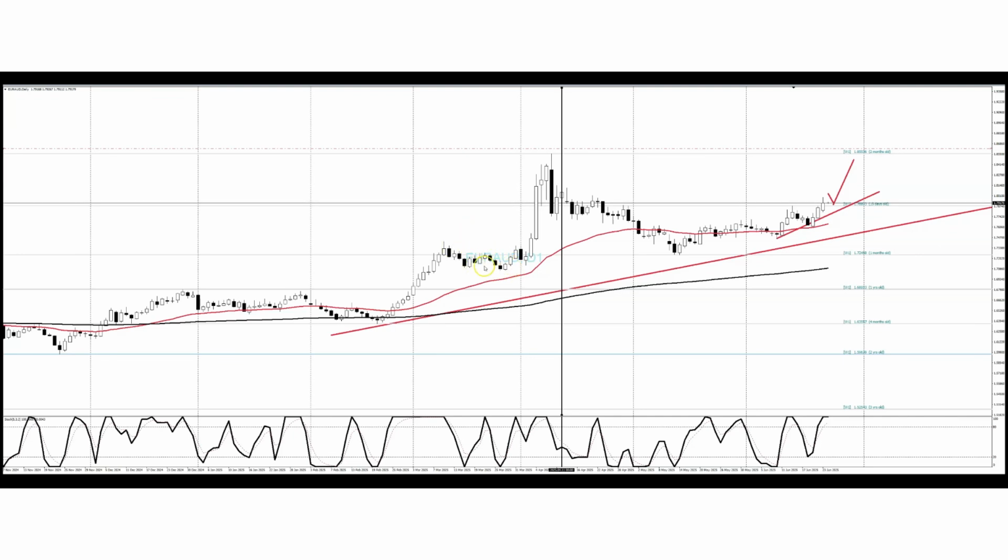Because I want the Euro to be stronger, since the Euro is the base and the Aussie is the quote. So the base is trading against the quote, and I want that to be stronger. So I'll look for another reason fundamentally to take this trade. And once I get the setup I like, the signal I like, and the fundamentals match, that tells me the Euro is stronger than the Aussie dollar, it's go time. Time to take a trade.